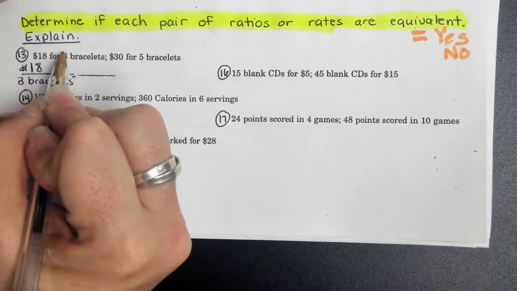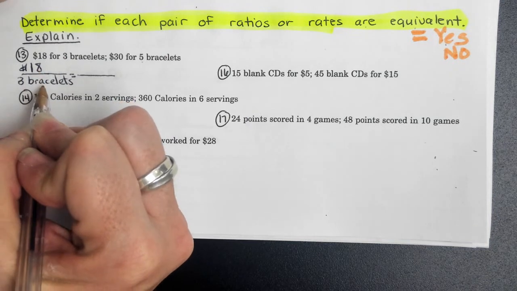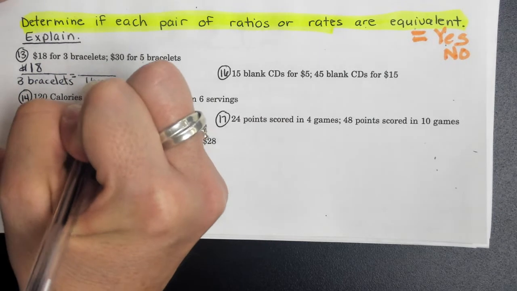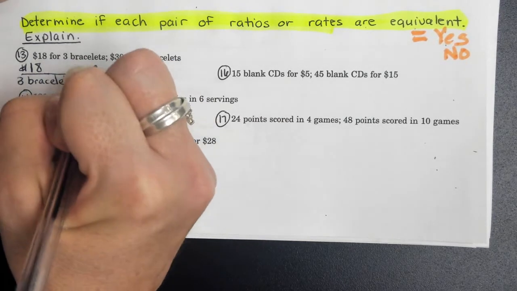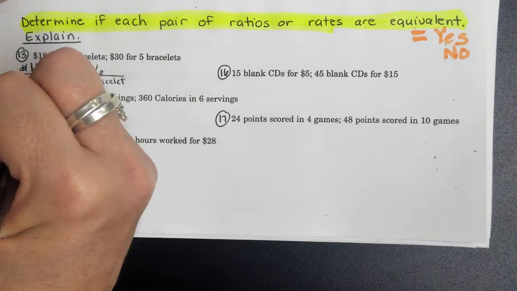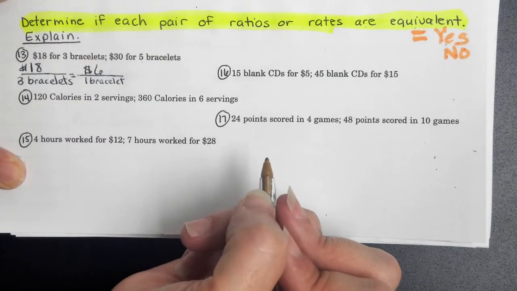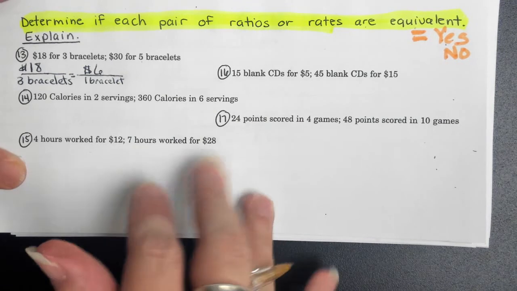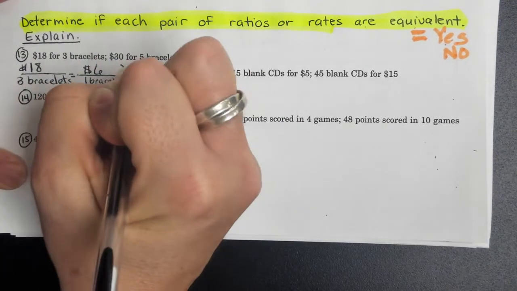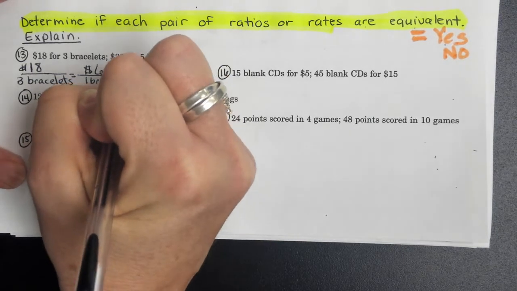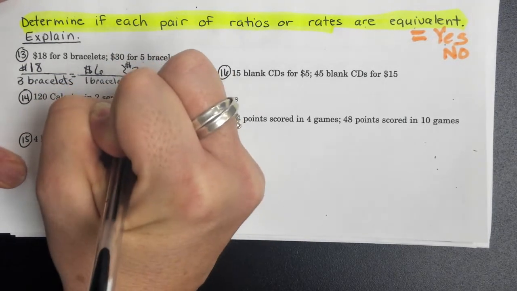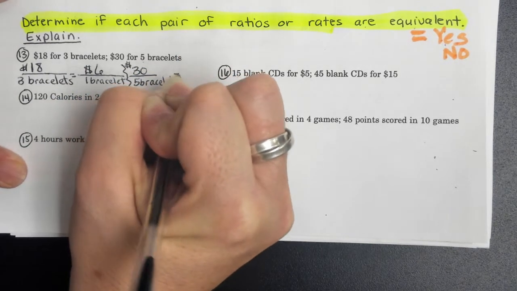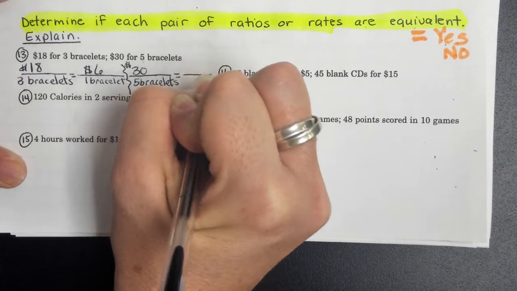Okay, so at store 1, if it's $18 for 3 bracelets, it's how much for 1? $6. Because 18 divided by 3 is 6. Now, I'm going to do the other store. It is $30 for 5 bracelets.